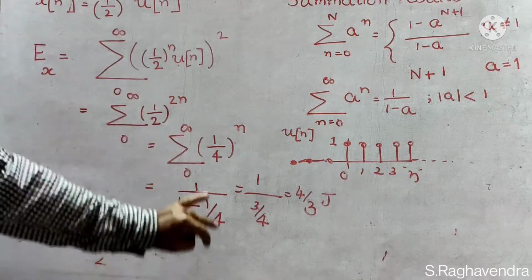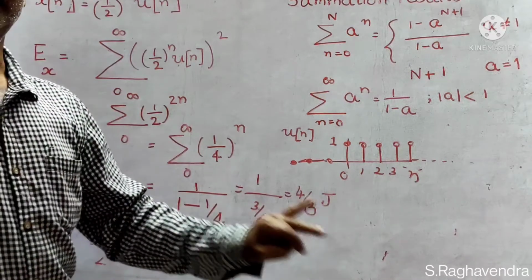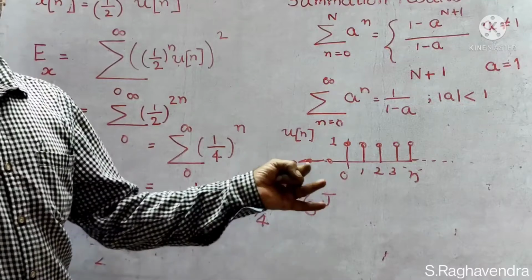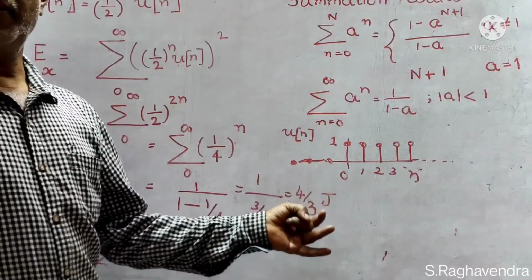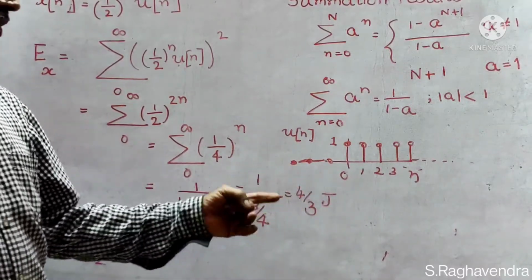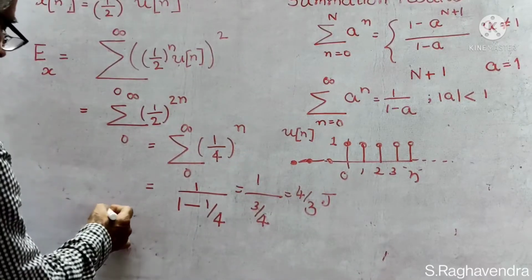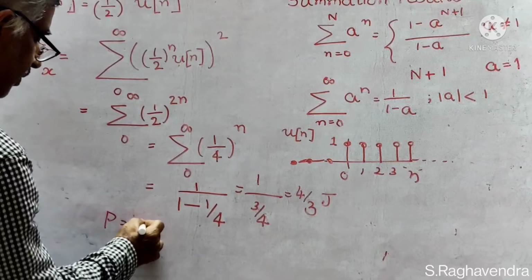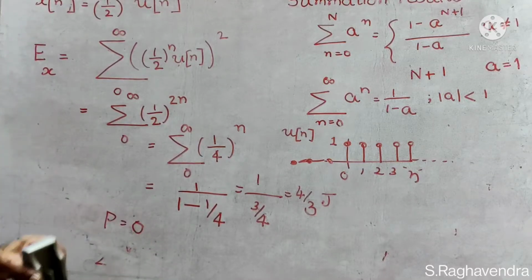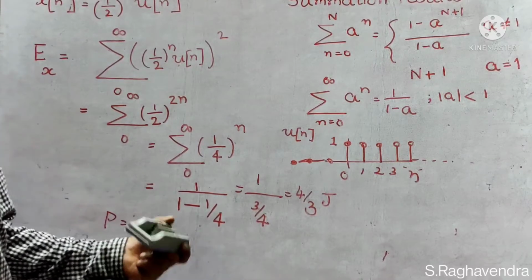So you have found the energy value. You need not worry about power; power is going to become 0. Power equals 0. You can work out the problem by applying the formula.